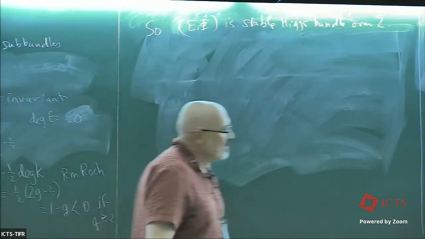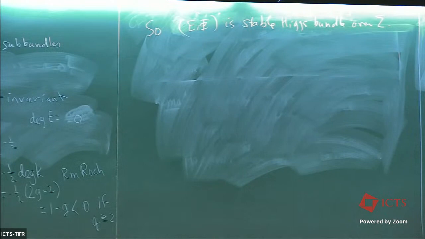So if you're looking from vector bundle land, the Higgs bundle theory is a way to get more examples of stability, because you put in an extra condition that has to be satisfied. Okay.